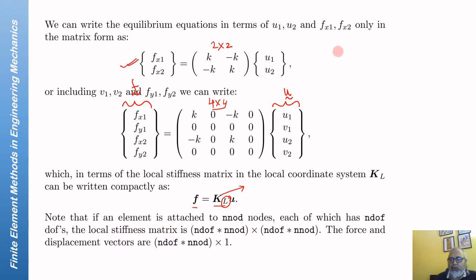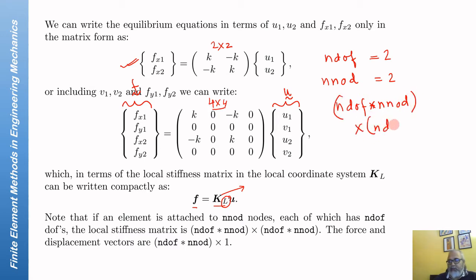Now if you have n DOF number of degrees of freedom per node, which in this case is equal to 2, and if you have n node number of nodes associated with a particular element, which in this case is also 2, then the size of your stiffness matrix would be n DOF into n node cross n DOF into n node.